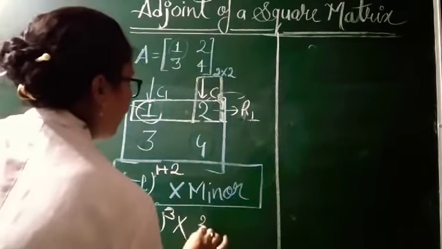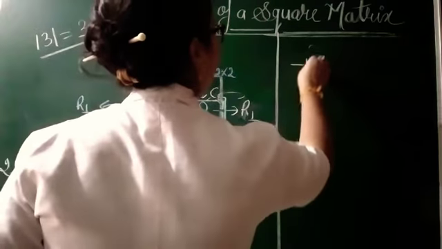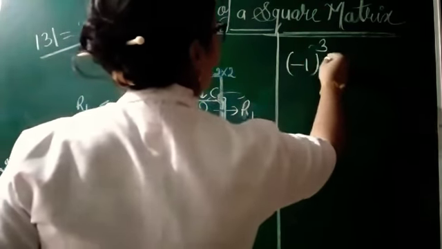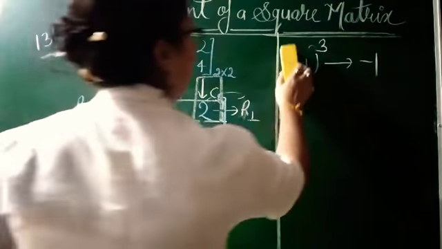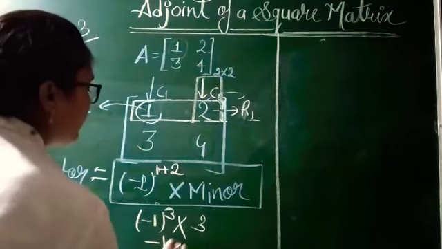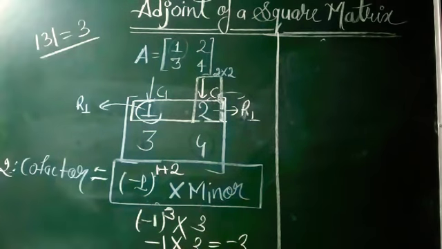That is why we multiply negative 1 raised to 3 by 3. Negative 1 raised to 3 is negative 1, so minus 1 multiplied by 3 becomes minus 3. So minus 3 is the cofactor of 2.